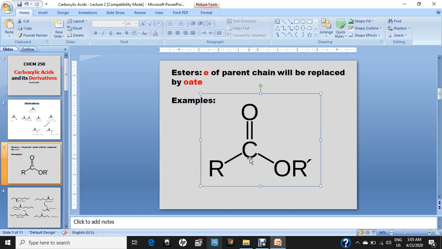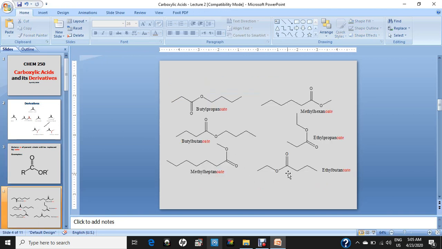No matter how many carbons are on the other side, this carbonyl chain will get the numbering. If one carbon is attached here, we write methyl separately. If 2 carbons, ethyl; if 3 carbons, propyl; whatever is there, we write it as an alkyl group. But the OATE will go with this chain, no matter whether it has 2, 3, 4, or 10 carbons. So let us start naming now.